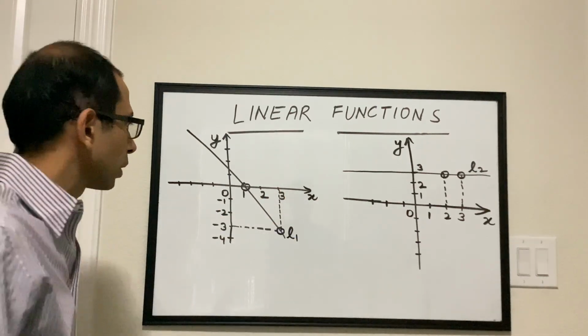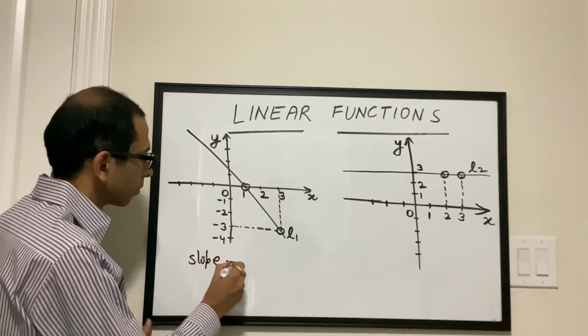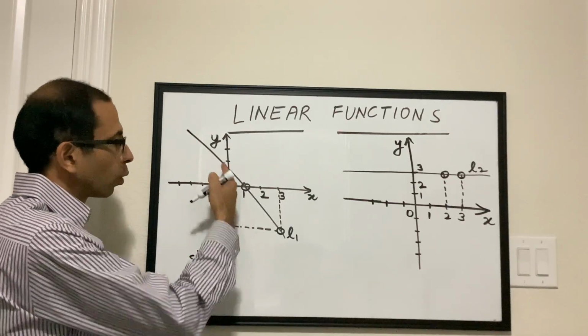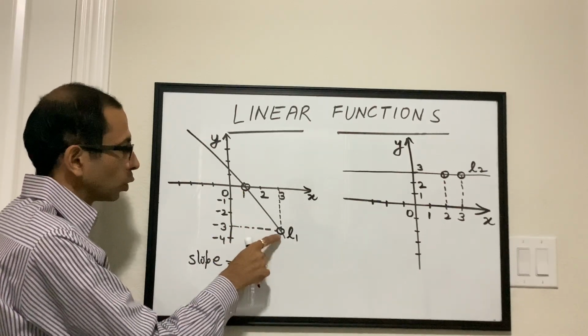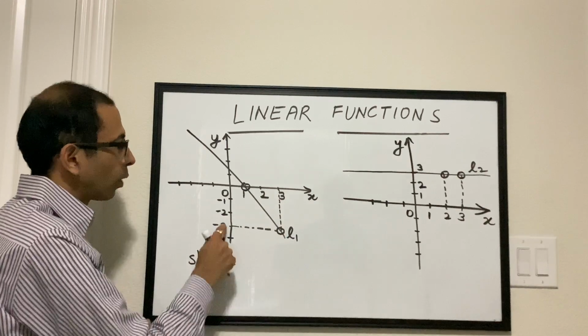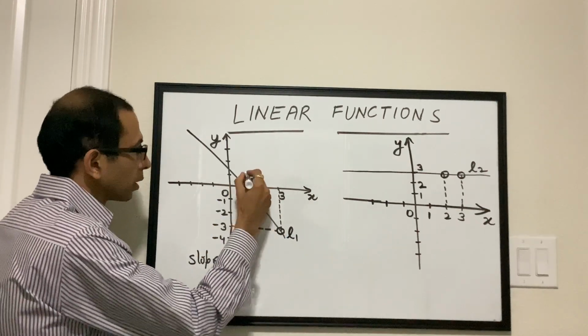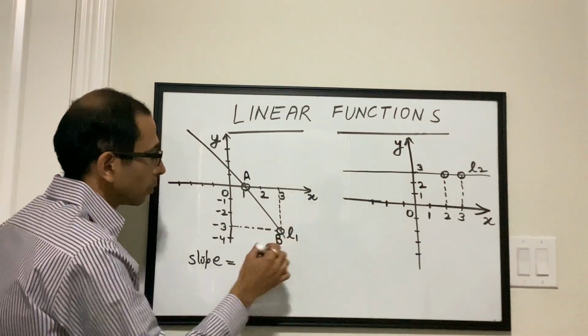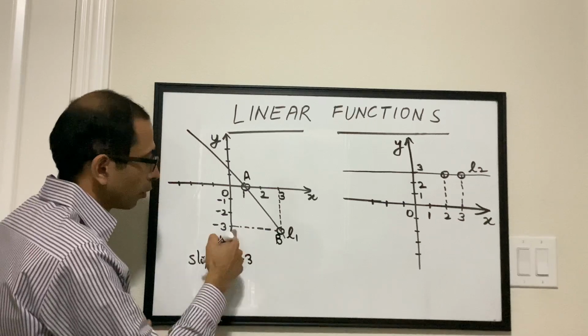So the slope of L1, change in y over change in x. Let's say that these are the 2 points which we choose because we know the x values and the y values for both of them. Let's say this point is A and this point is B. The y value of B is minus 3. It's the final value.